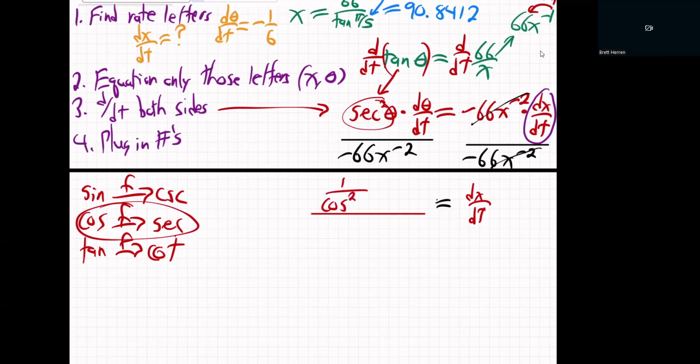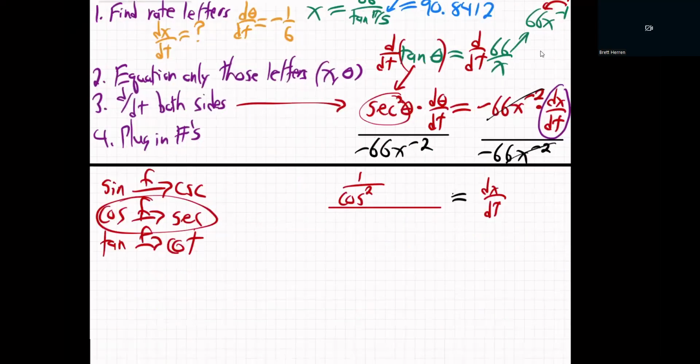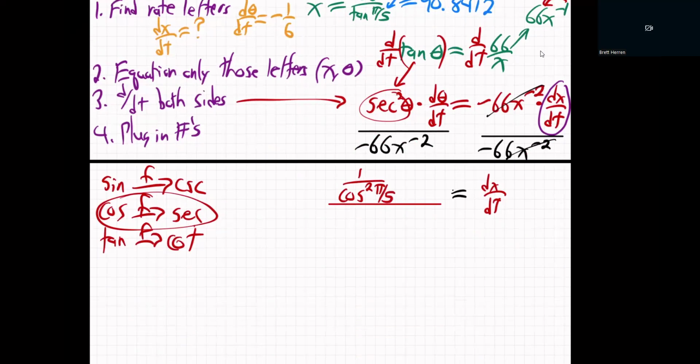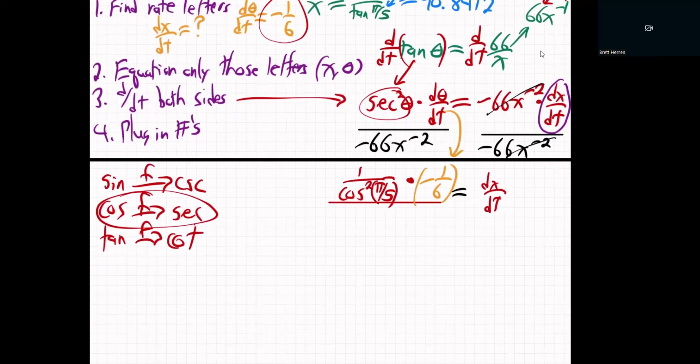Let's stick in the angle theta now. Remember what theta is? Right up here. Theta is pi over 5. Pi over 5 times d theta dt. There's that minus 1/6. 1 over cosine squared on the bottom, minus 6.